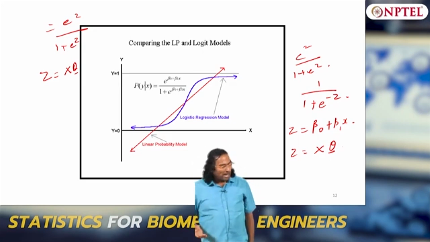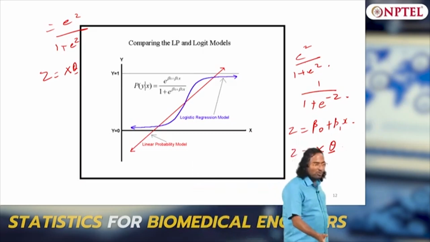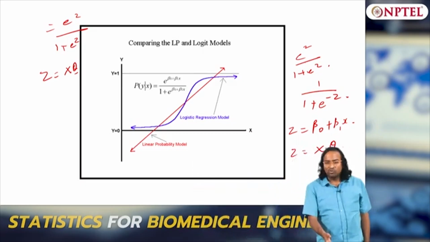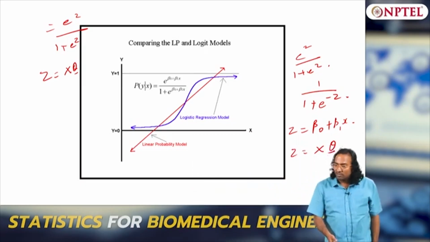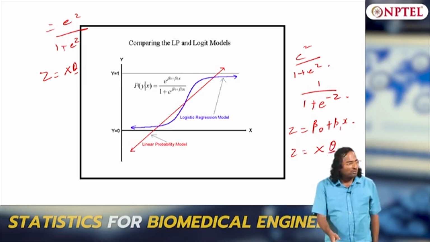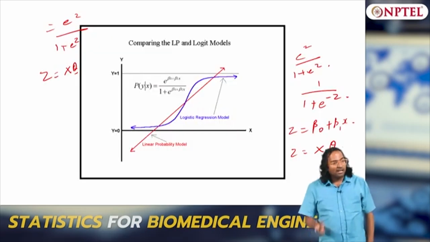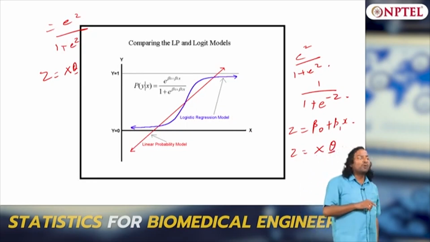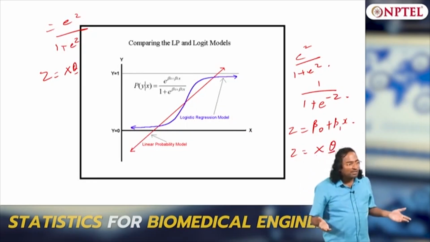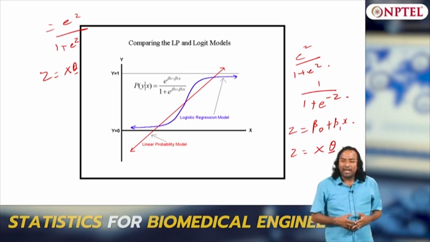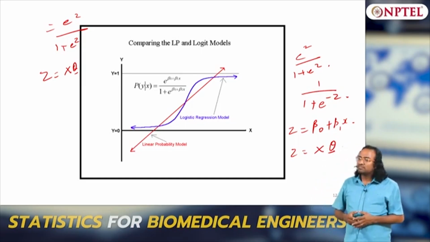So I cannot take this directly as my output. Whatever z value you fit in, it will give you a continuous value. It is not going to give me a 0 or 1 output. The S function is actually a continuous function, it is not a discrete function. But my output is discrete, yes or no.